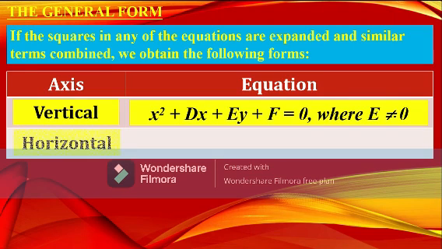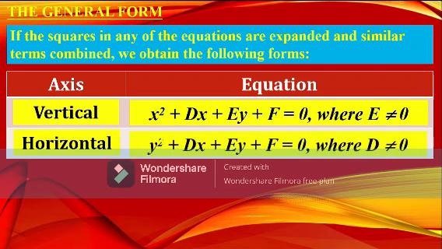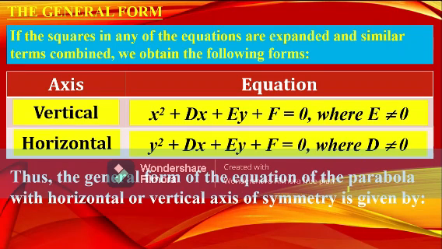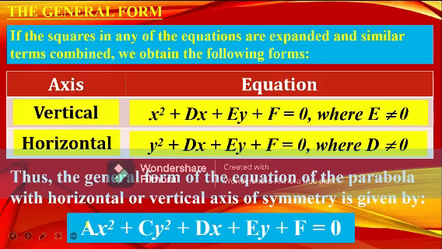If the axis is horizontal, this is now the equation: y squared plus dx plus ey plus f is equal to 0, where d is not equal to 0. Thus, the general form of the equation of the parabola with horizontal or vertical axis of symmetry is given by, okay, you have it here.